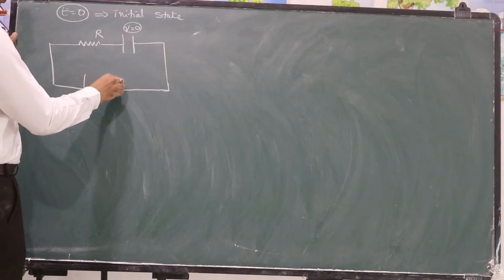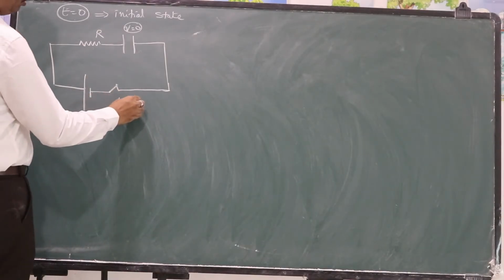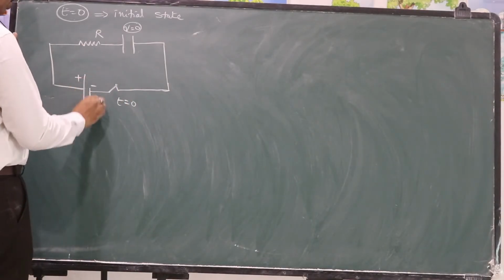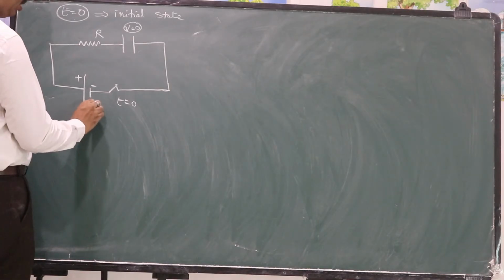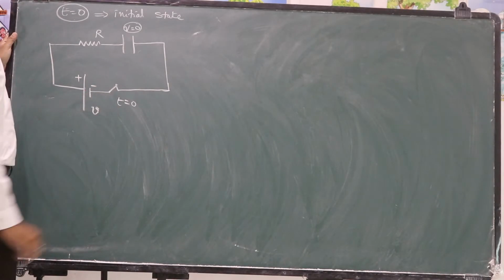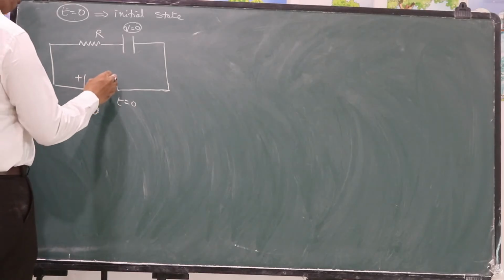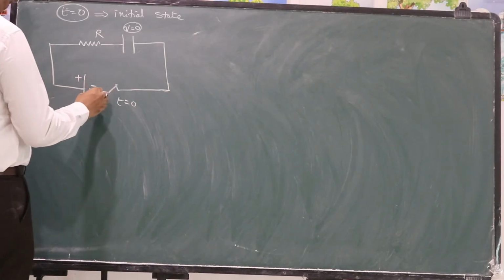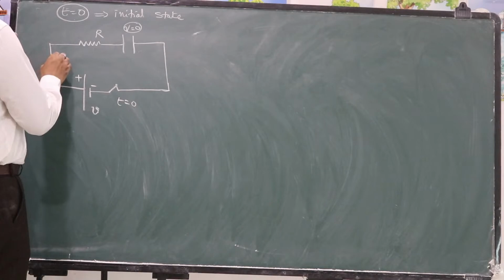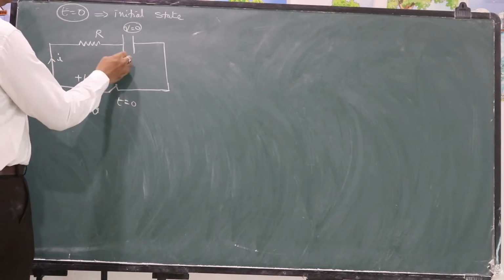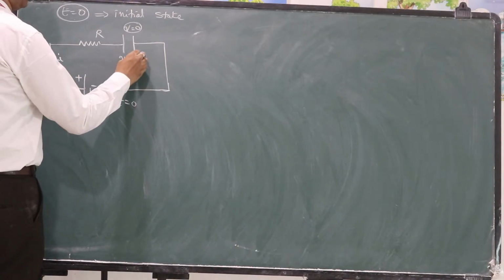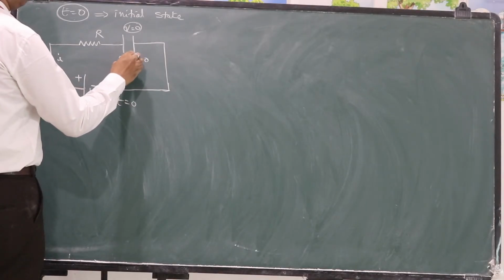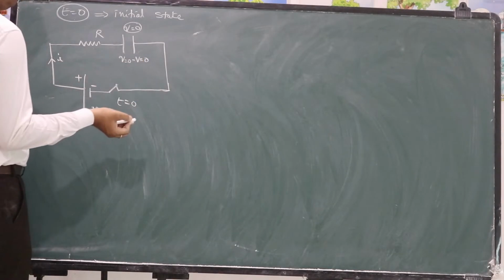Soon after switching on the circuit at time t is equal to 0, whatever potential offered by the cell, let V be the potential offered by the cell, the same V will try to send some current. But at time t is equal to 0, the charge available on this plate is 0, the charge available on this plate is 0. Plus Q is 0, minus Q is also 0.